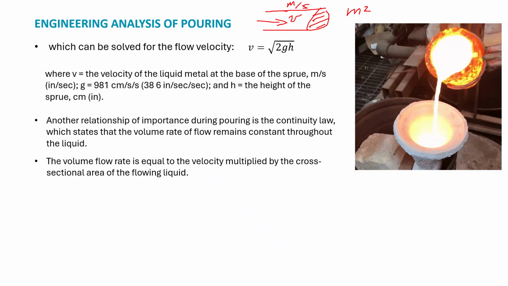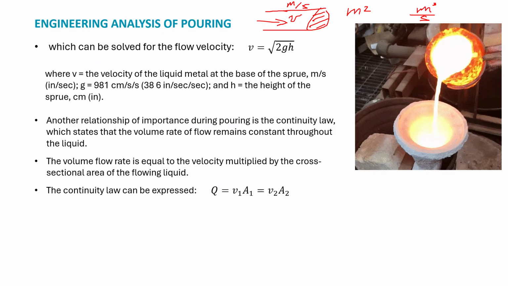If I multiply the V by the A, I will get the unit to be cubic meters per second. Cubic meter is the unit for volume, per second, that makes it the volume flow rate.